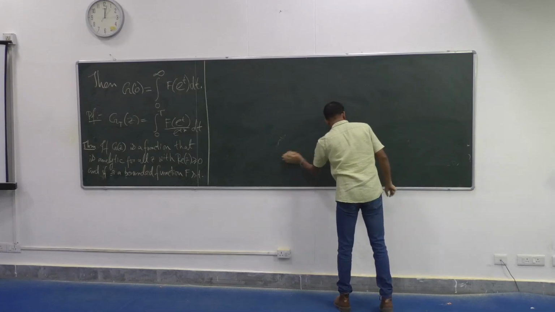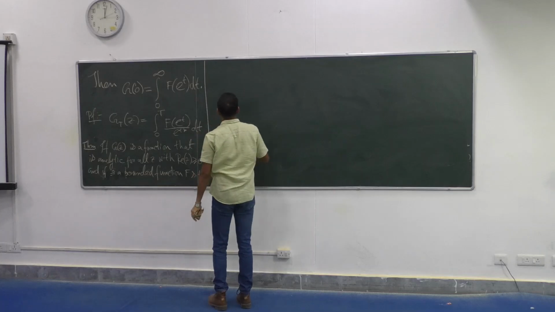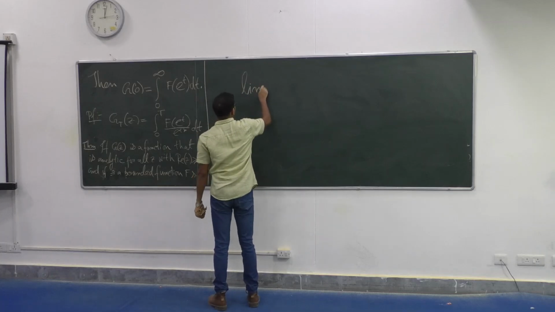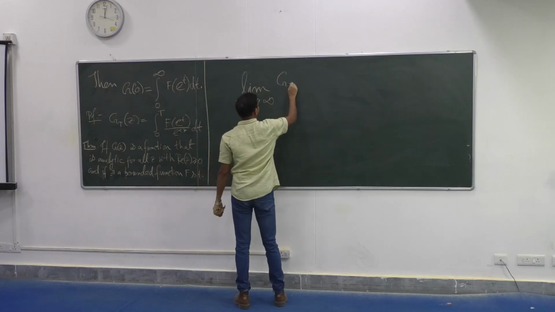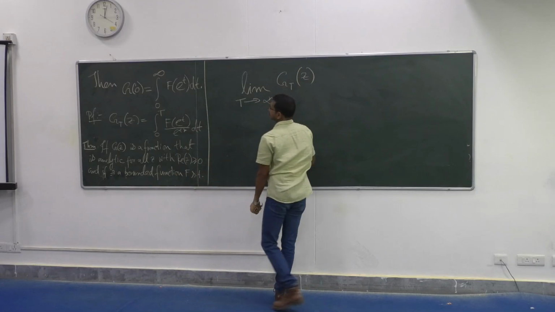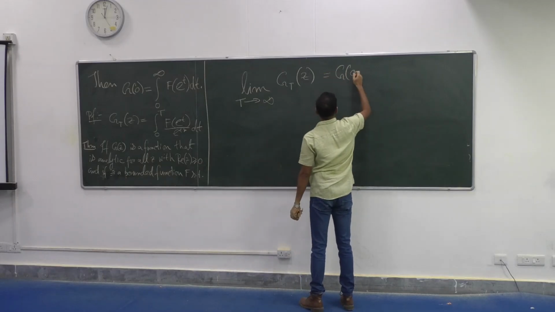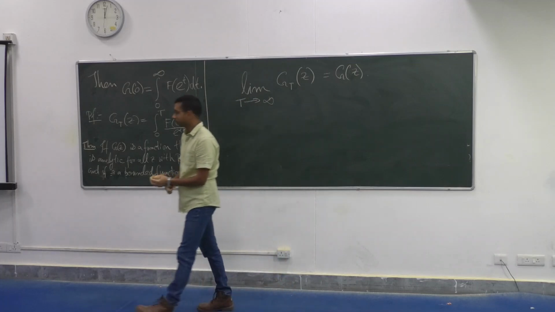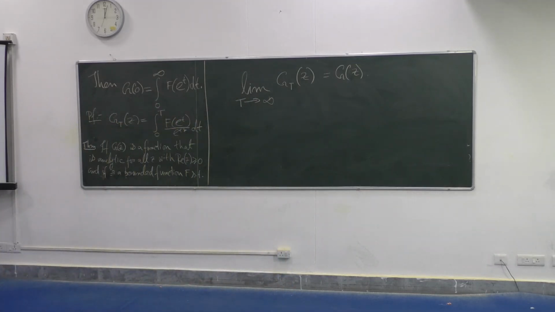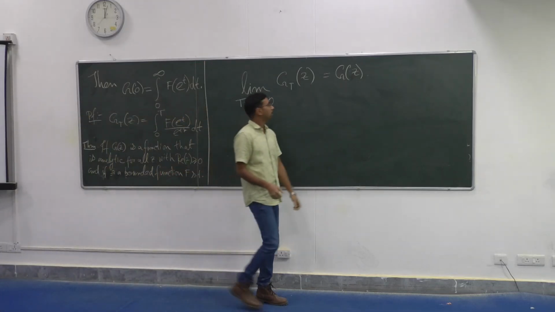So our task is then to show that if you take the limit as t goes to infinity of g_t, this limit converges to g0.